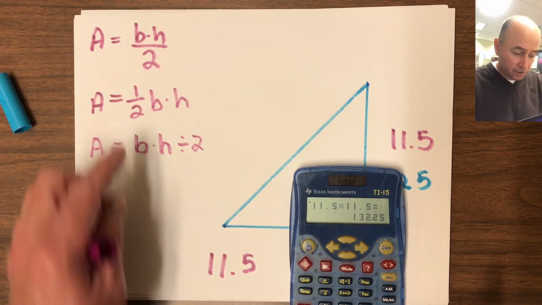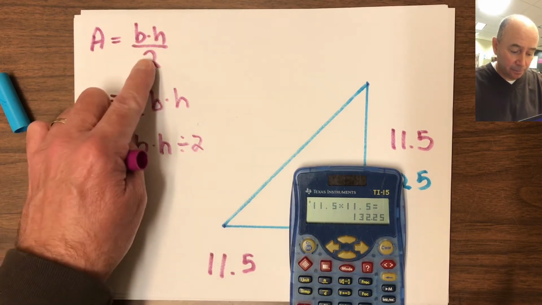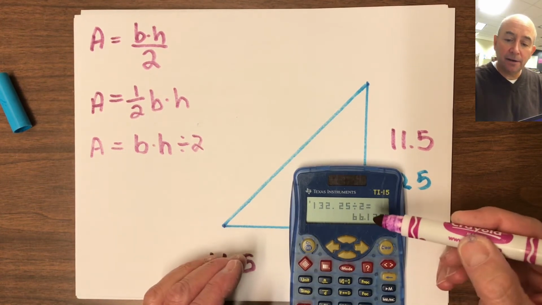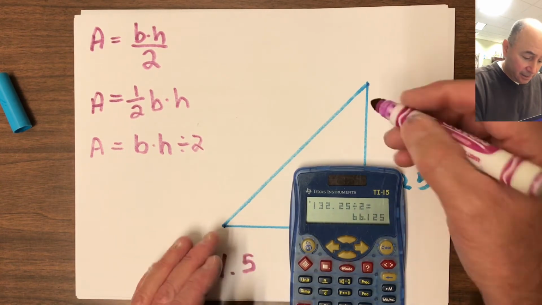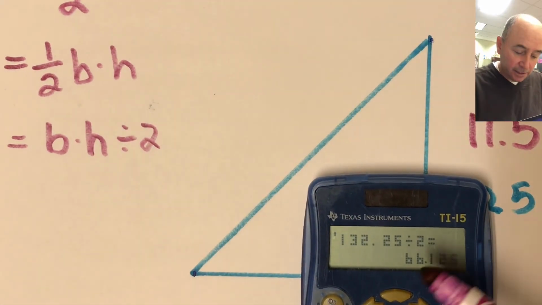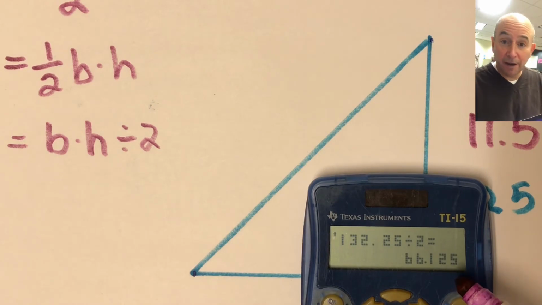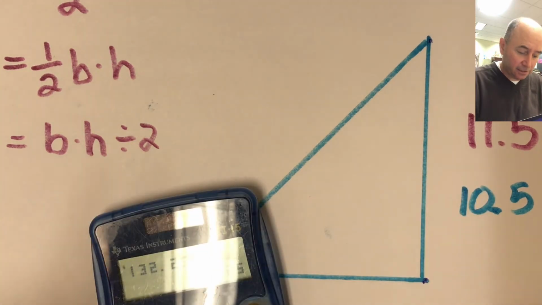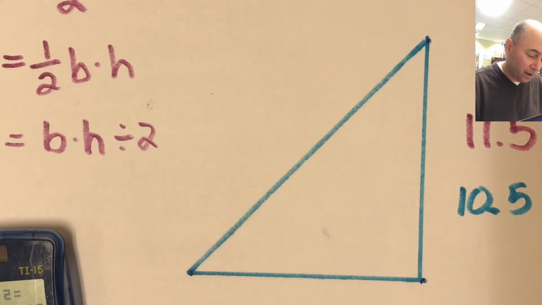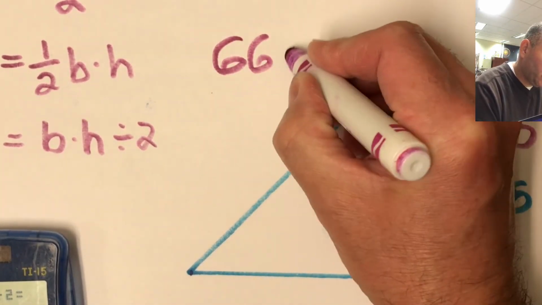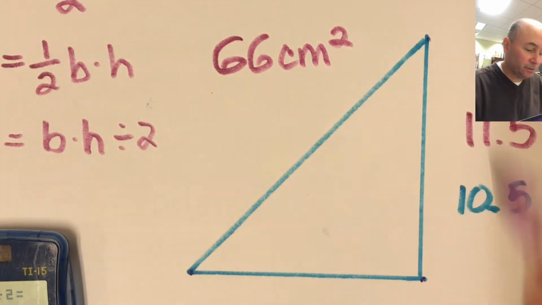I did the base times the height, so I'm going to divide it by 2. My area for this triangle is 66 and 125 thousandths. For practical purposes, I'm just going to round that to 66 square centimeters. Don't forget to put my little 2 up there.